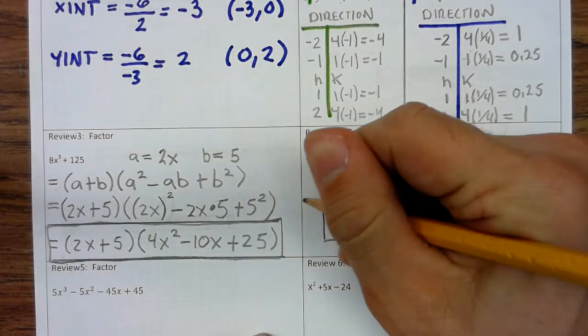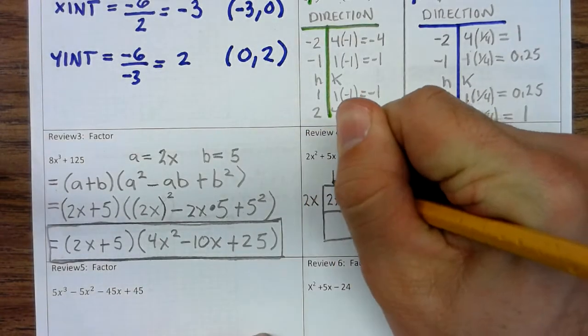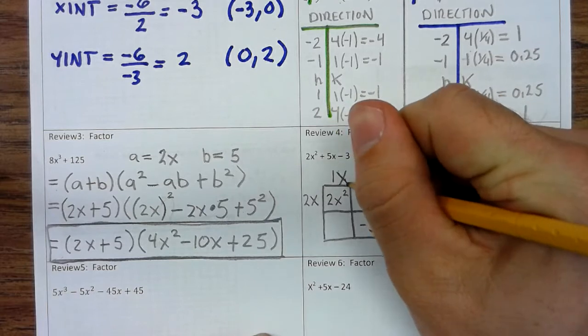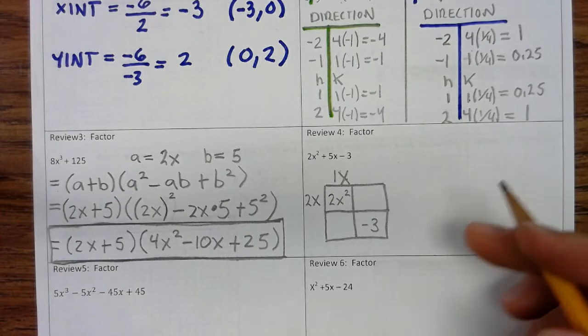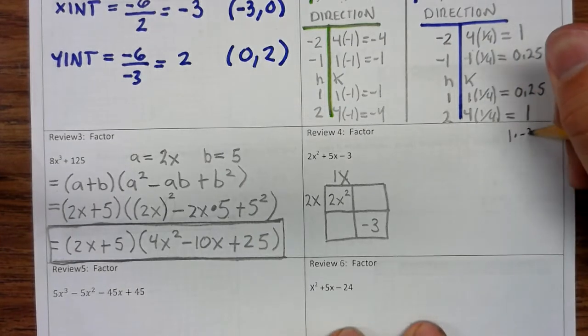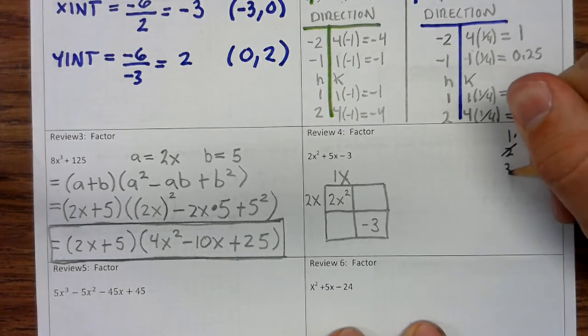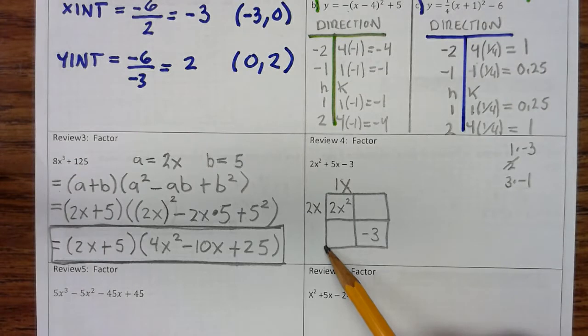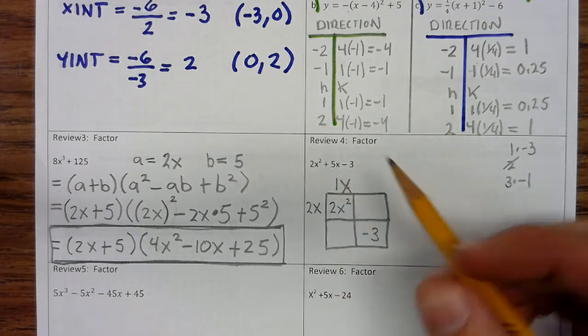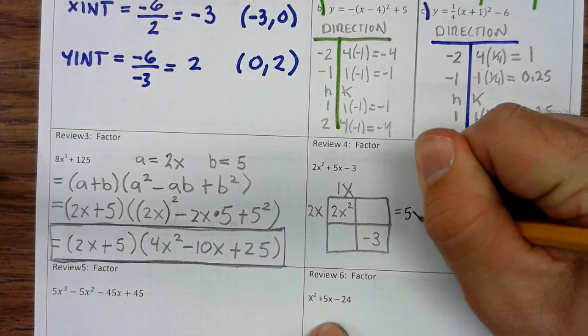Now we know that 2x and 1x make 2x squared. Okay, now we just need to find all the factors of negative 3. Well, that's 1 times negative 3, 2 doesn't work, and 3 times negative 1. So really, at this point, all you have to do is try each combination, see which one works to give you a positive 5x.